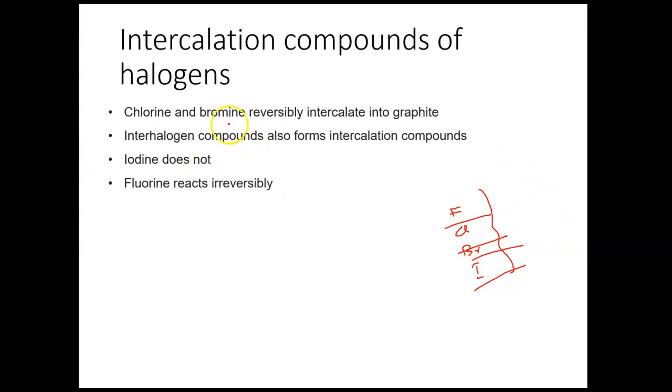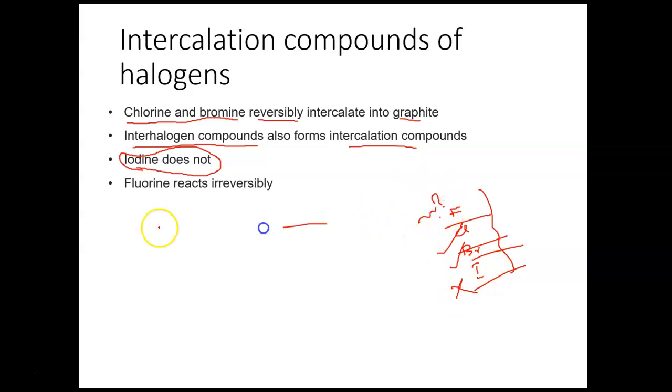Here the important thing is chlorine and bromine reversibly intercalate into graphite to form intercalation compounds. Interhalogen compounds also form intercalation compounds, but iodine does not form an intercalation compound. So chlorine and bromine form intercalation compounds, iodine will not, and in the case of fluorine, they form intercalation compounds irreversibly.